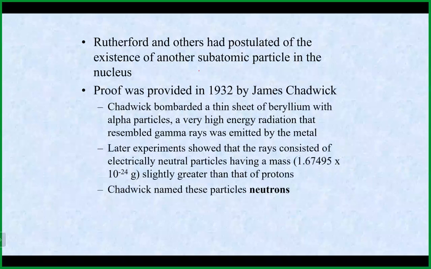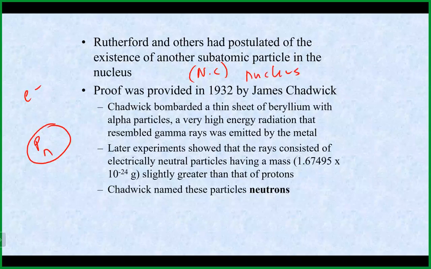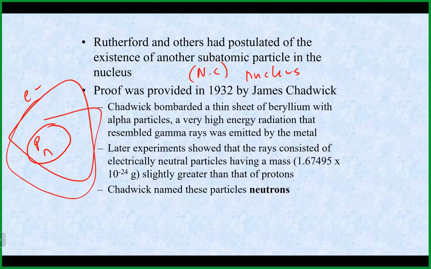Neutrons have no charge, and are also found in the nucleus. So in the nucleus, we have protons and neutrons. Protons being positively charged, neutrons having no charge. Again, out from the nucleus, we have our electrons. So protons, neutrons, and electrons basically flying around our nucleus.